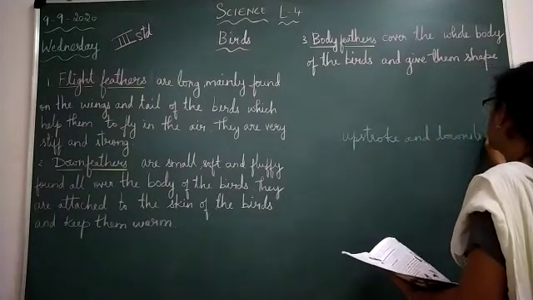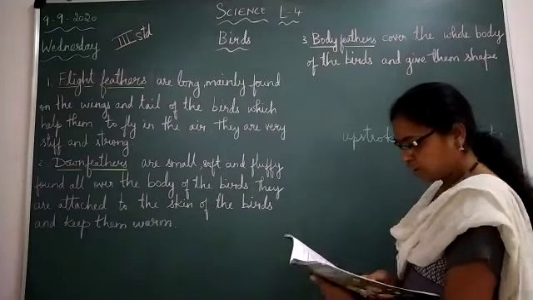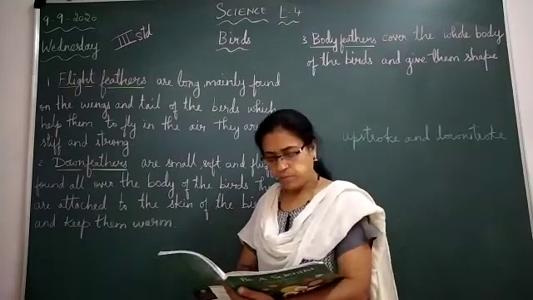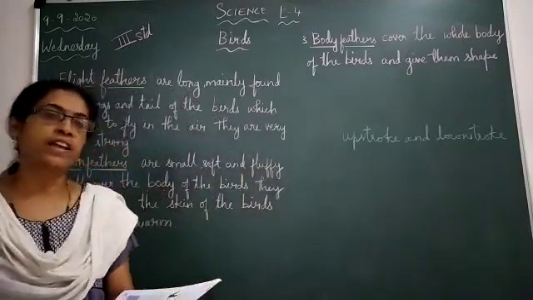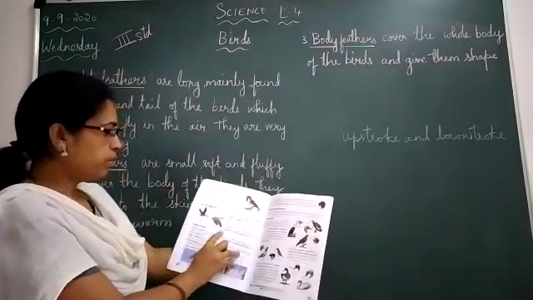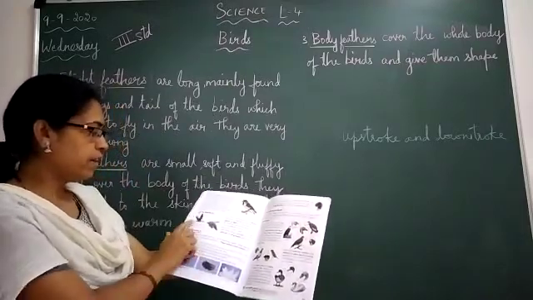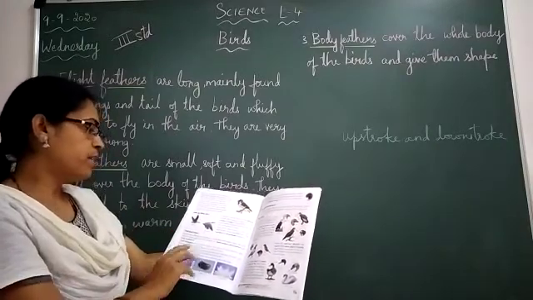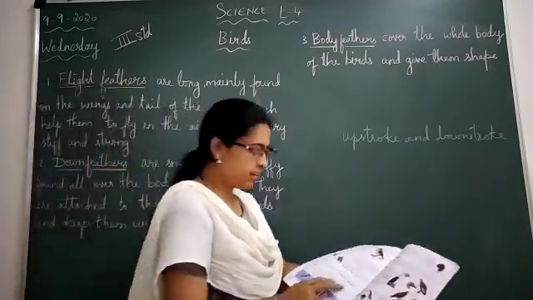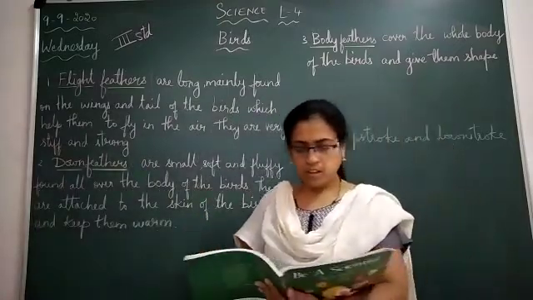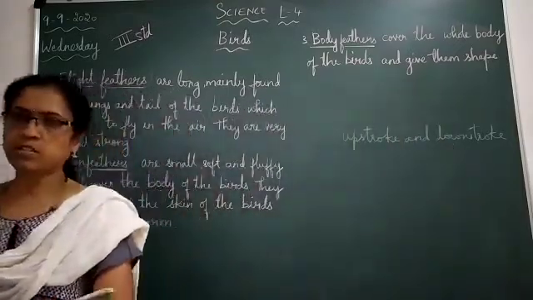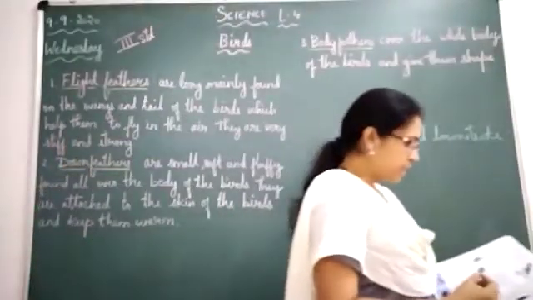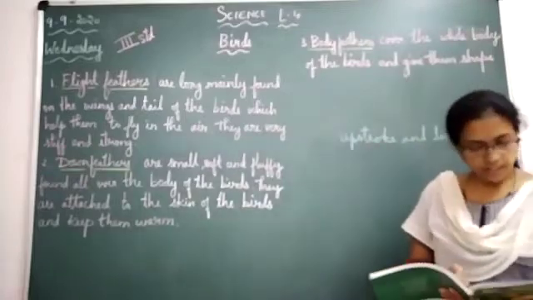Birds move their wings up and down while flying. These movements are called upstroke and downstroke movements. So it can easily fly in the air because of the hollow, light bones and the strong wing muscles.